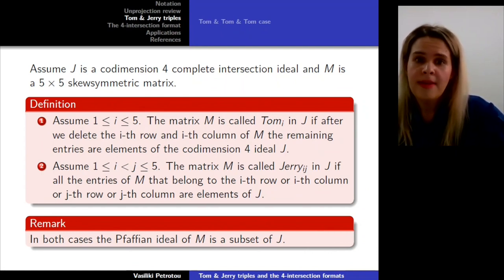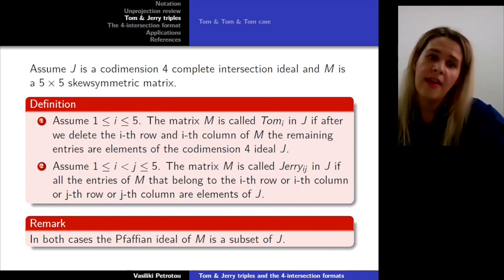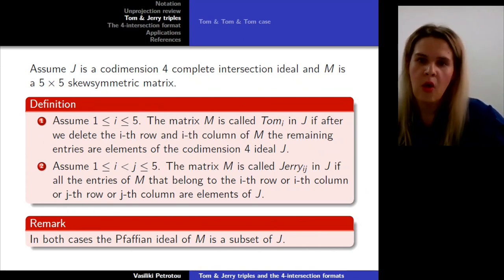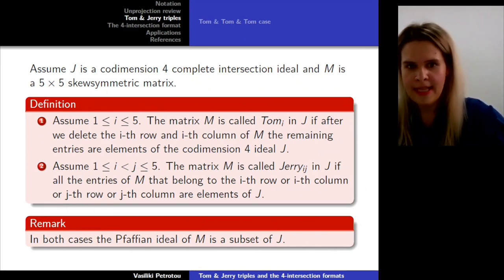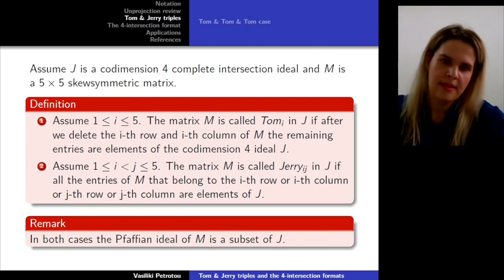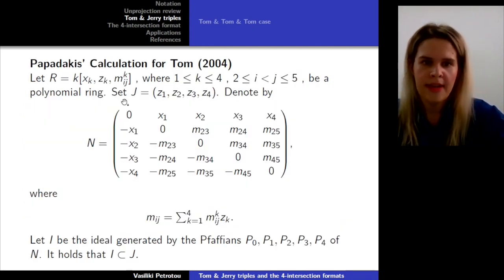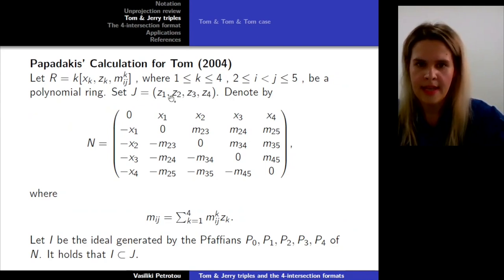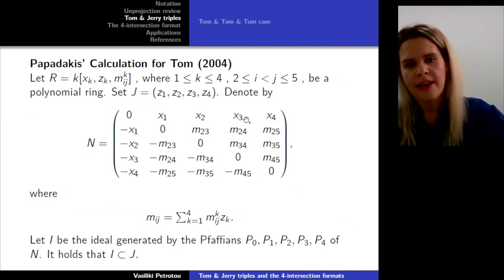So we call the matrix M a Tom_i matrix in J if, after we delete the ith row and ith column of M, the remaining entries are elements of the codimension 4 ideal J. Let's give an example. Assume that we fix this ideal J, and let's observe the matrix N a little bit.